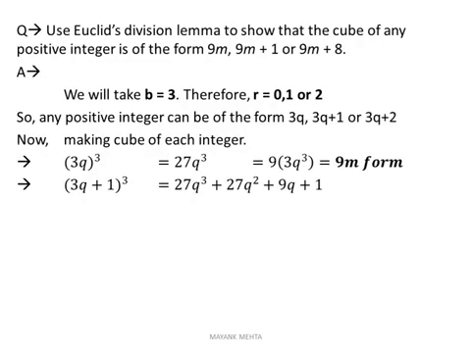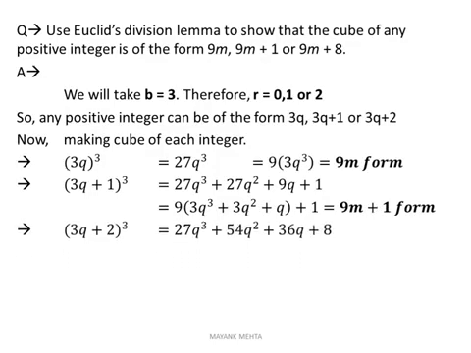Here in the first three terms of the expansion, you can take 9 common. So in the bracket you will get 3q cube plus 3q square plus q, and the last plus 1 is there. So the whole bracket is of the form of m. So this answer is of the form of 9m plus 1.